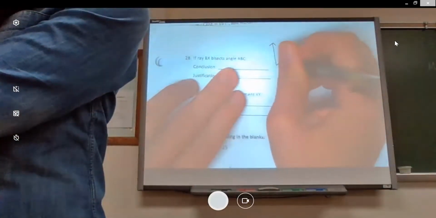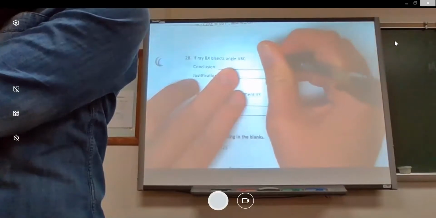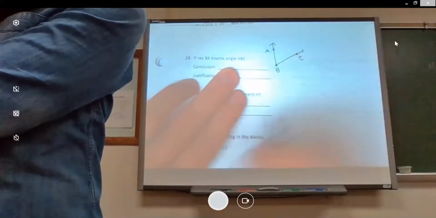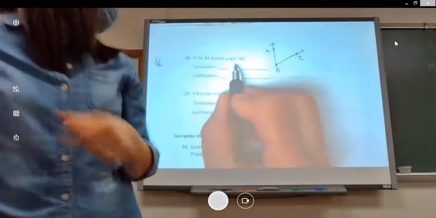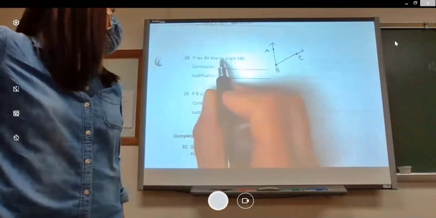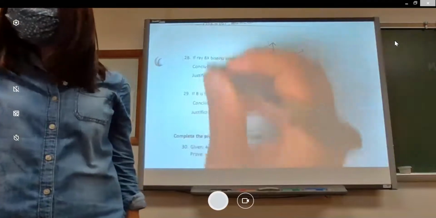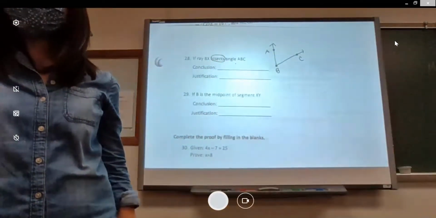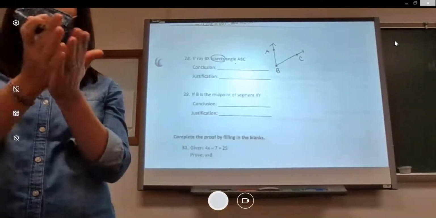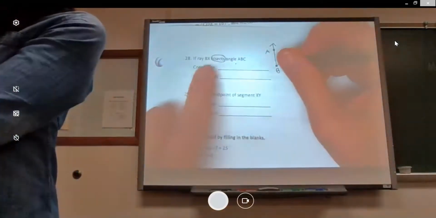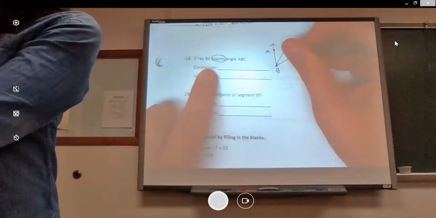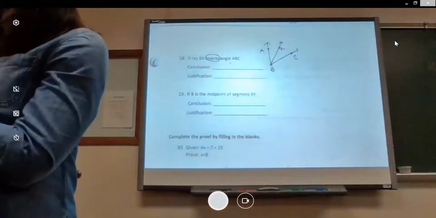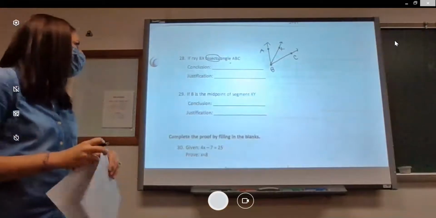So first I'm going to draw an angle ABC. It is being bisected, which means cut in half, so it should look like it's about halfway, by ray BX, which means I have a line in the middle that goes from B to X, okay?